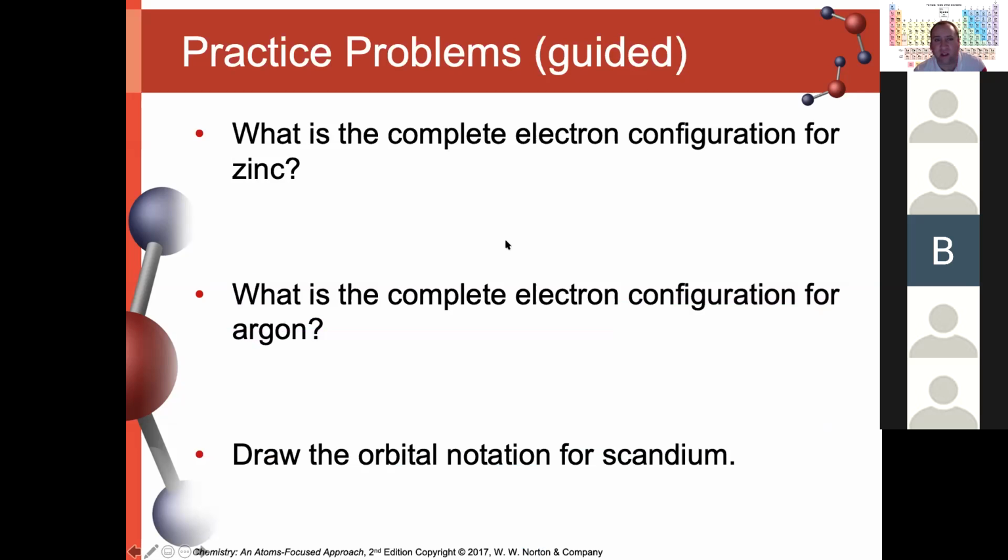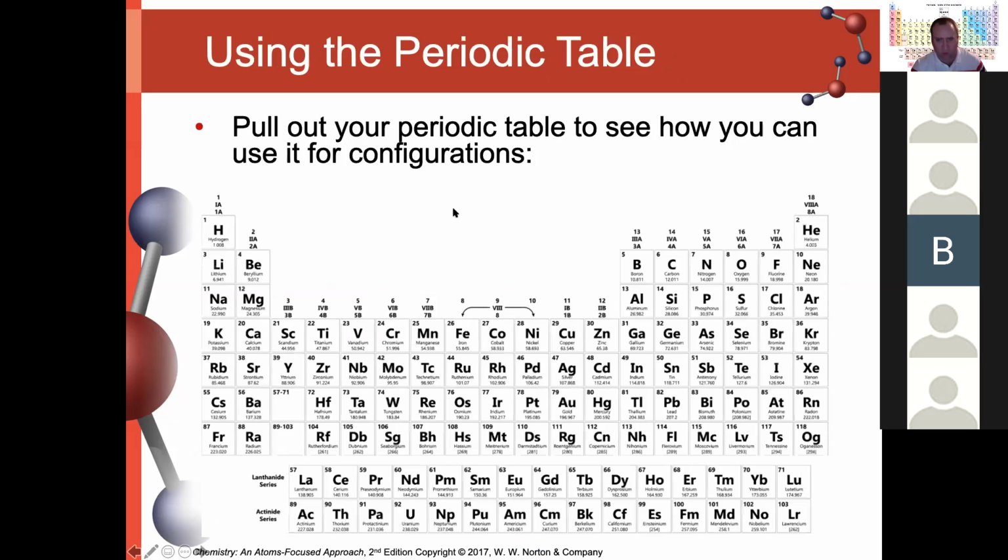What is the complete configuration for zinc? So if we go back to the table here, we're looking for zinc. Zinc is right there.